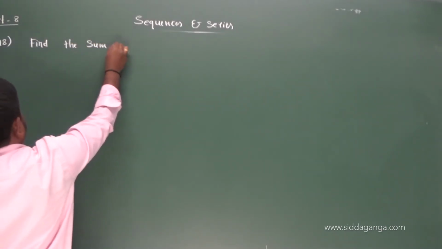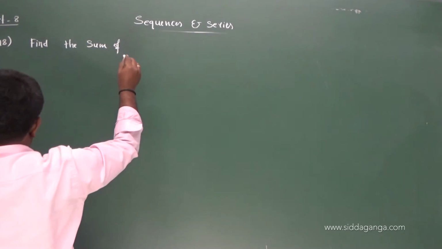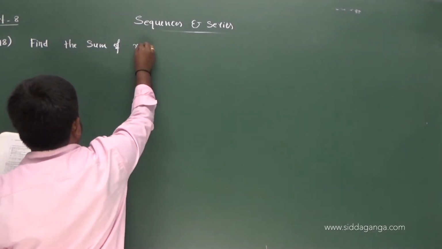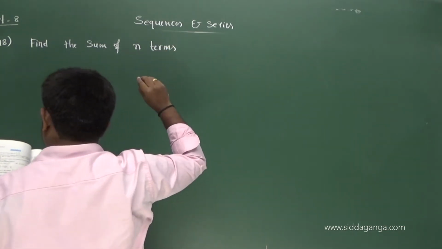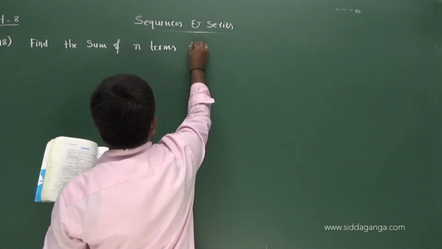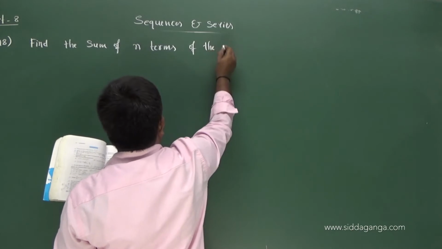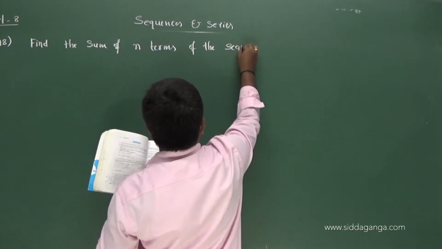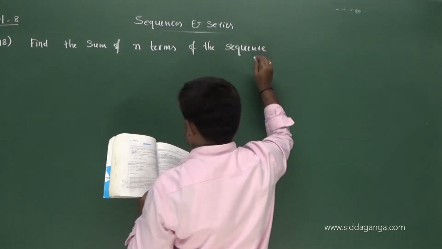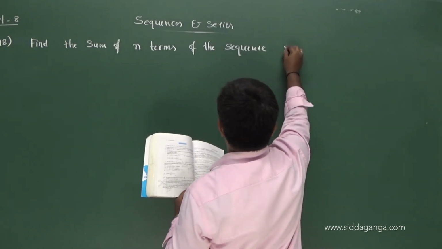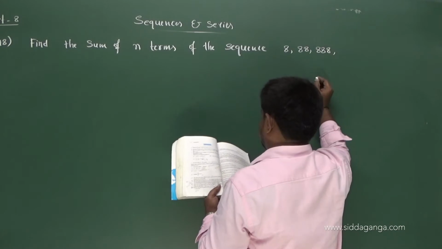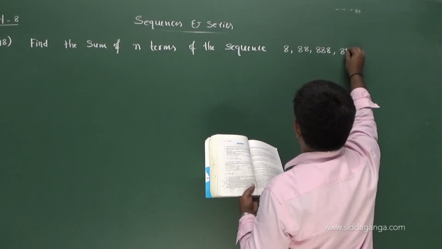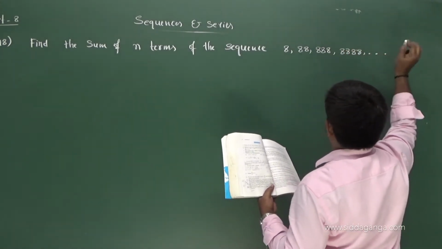Find the sum to n terms of the sequence 8, 88, 888, 8888 and so on.